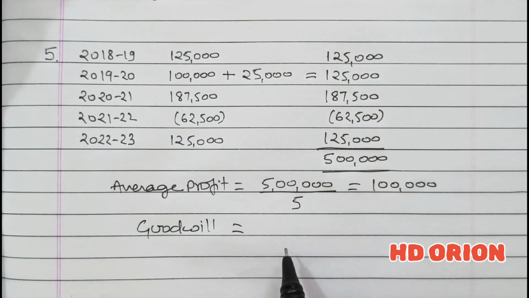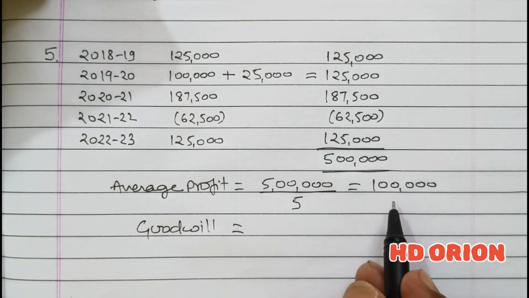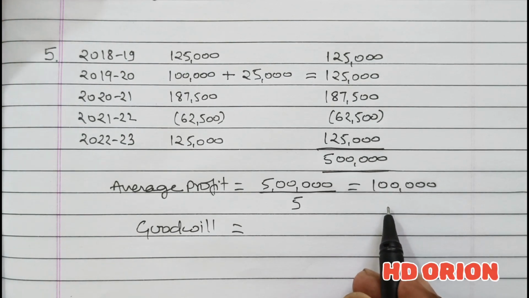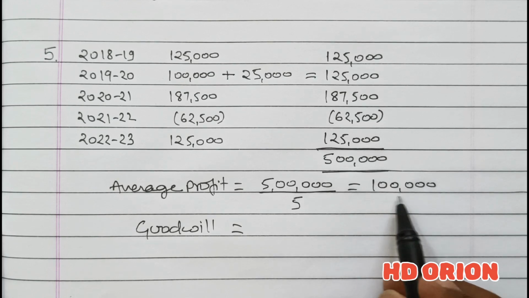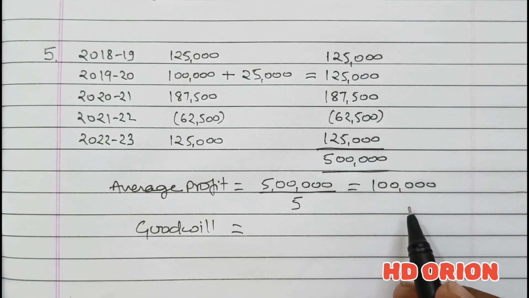And the question says 3 years purchase, 3 times the average profit. It means the firm is expecting that this average profit of rupees 1 lakh will be earned by the firm in the next 3 years also. Because they have earned a reputation, they believe that 1 lakh rupees will be earned in the next 3 years also.